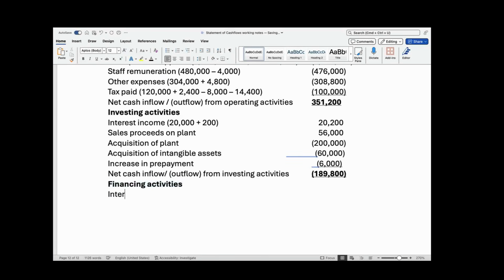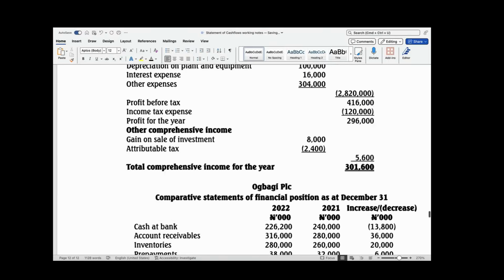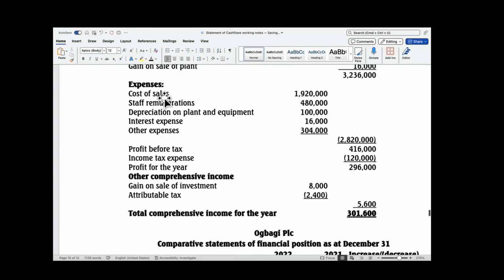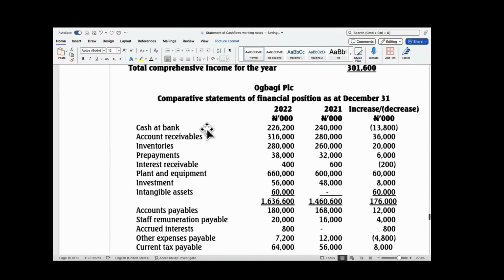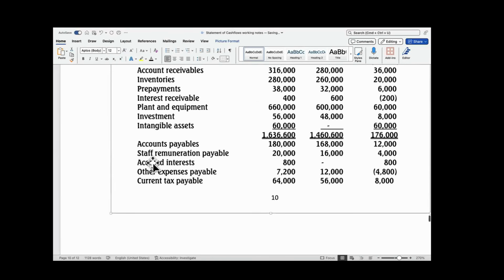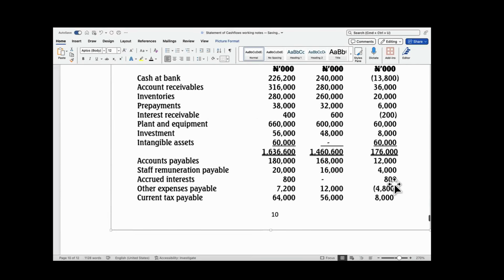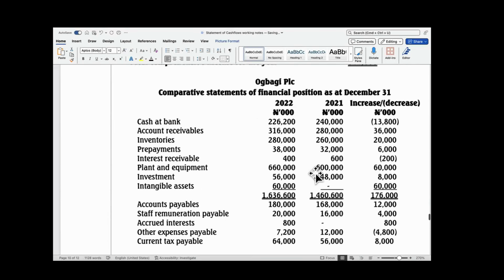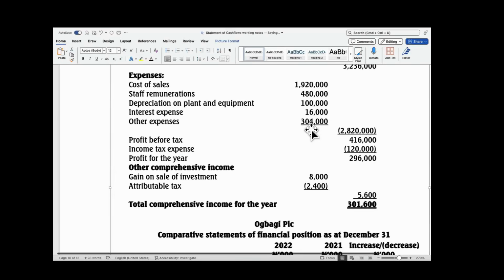Before I forget, let me quickly put my interest paid. This is my interest expense of 16,000. Did I pay everything? No, I didn't pay everything because there's an accrued interest for the year of 800. So I'm owing 800. So the expense is 16,000.